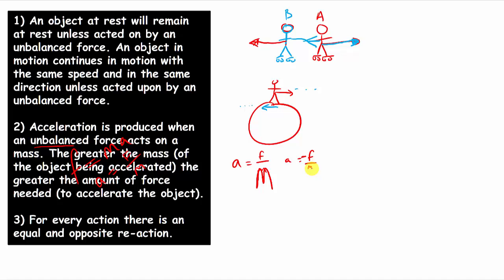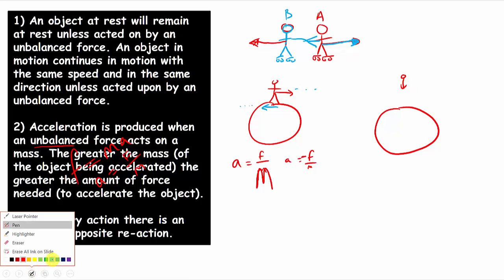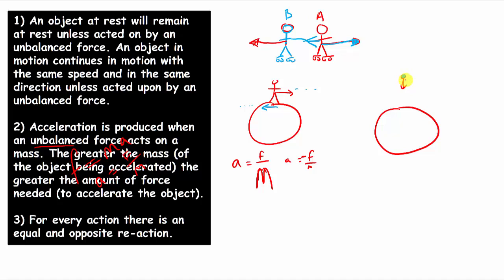Another nice example of the third law that's worth talking about, which people always seem to have problems with, is let's think of an object falling. An object falling has gravity acting down on it. Let's make this object falling blue, so let's stick with a similar colour scheme.